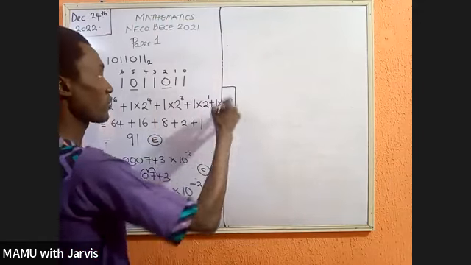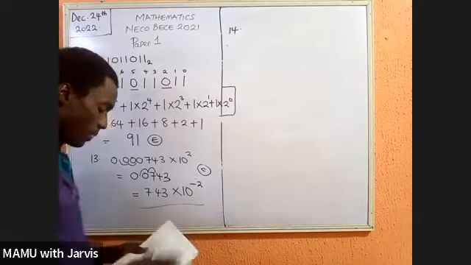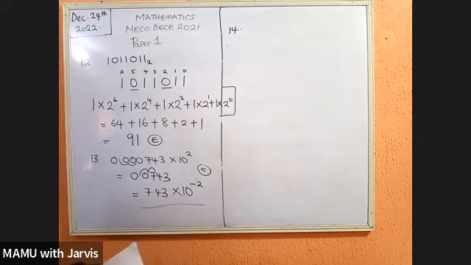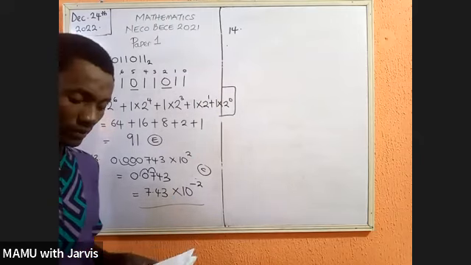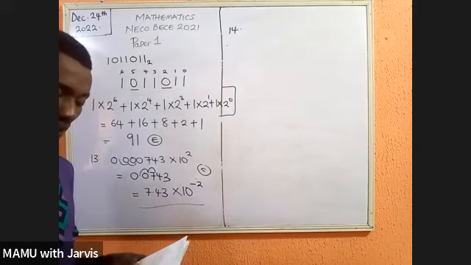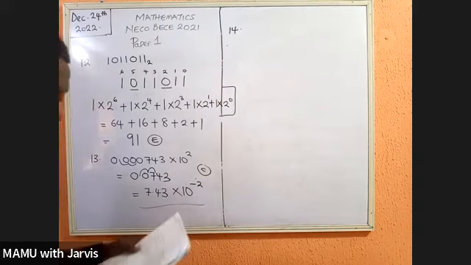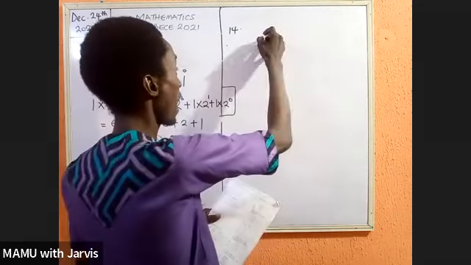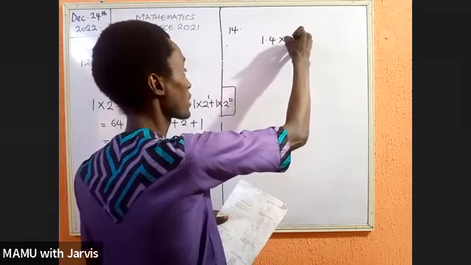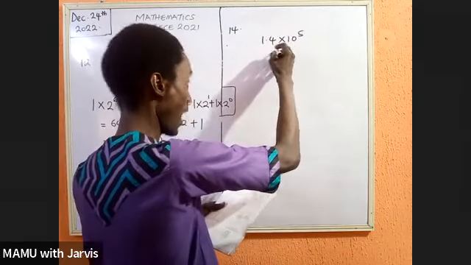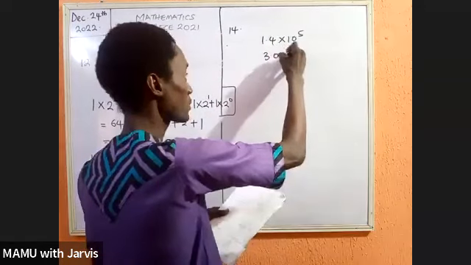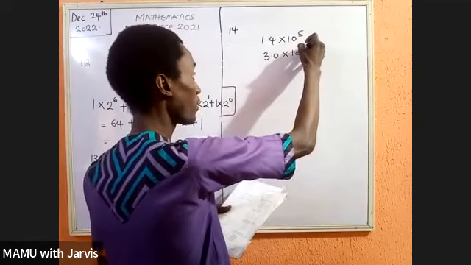So we'll go to question number 14. In question number 14, it says, which of the following number or numbers is the greatest? This one I'm going to write on the board so you can have a perspective to that. I have 1.4 times 10 raised to the power of 5. I have 3.0 times 10 raised to the power of 4.